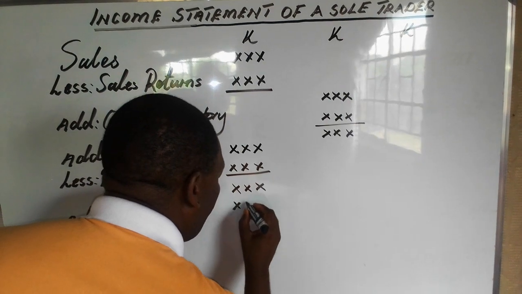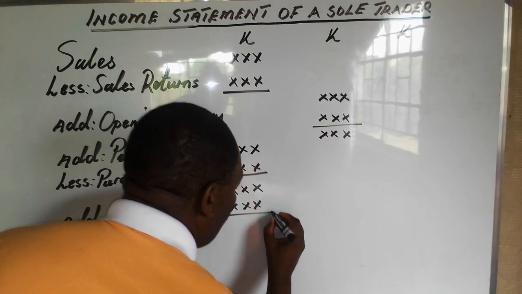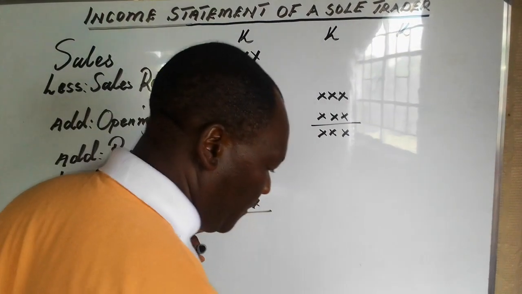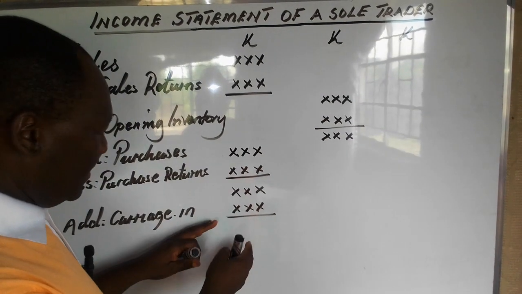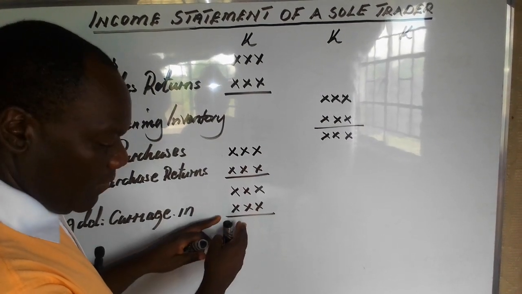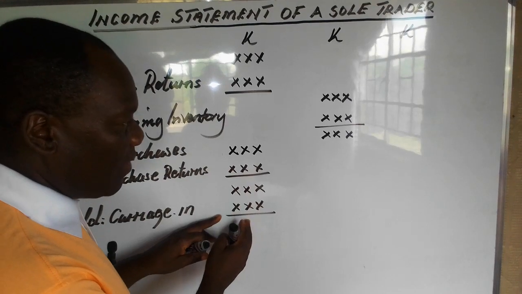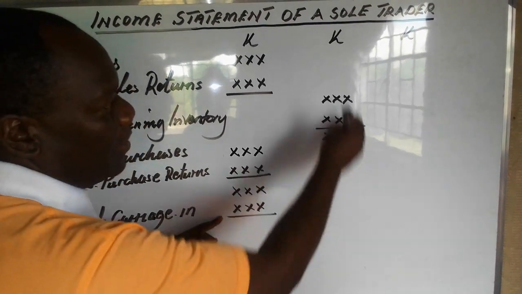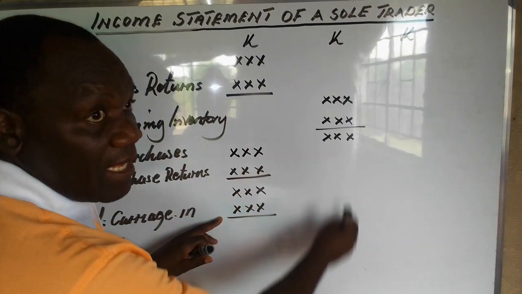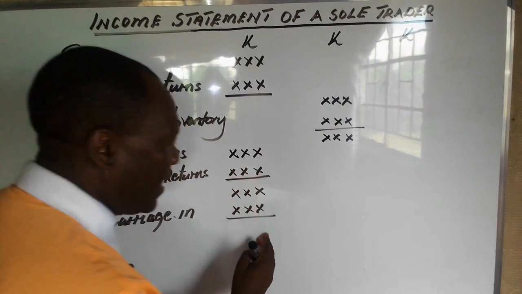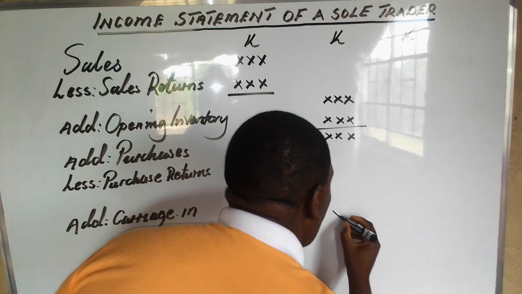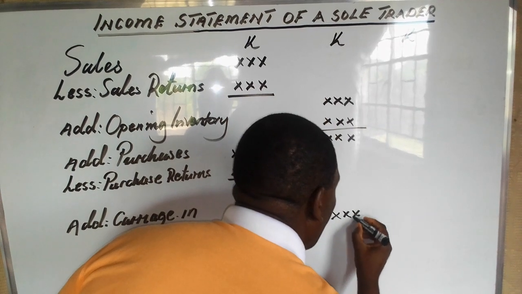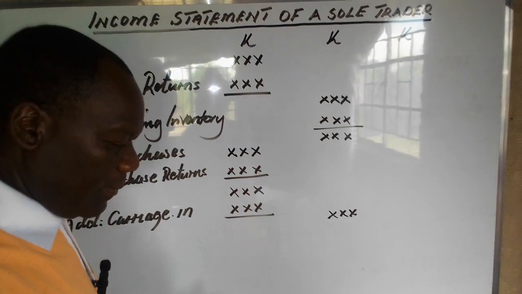Okay, the figure comes there. So when you add the carriage in, the figure that we are going to get will come there. It will be under this one. So we have added here, then we get this figure. Okay?